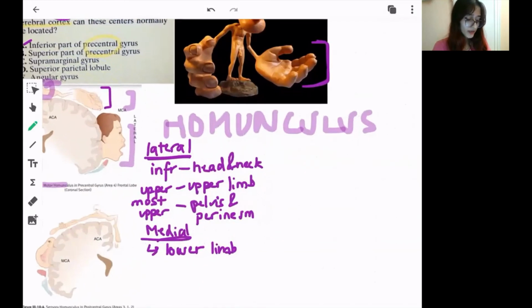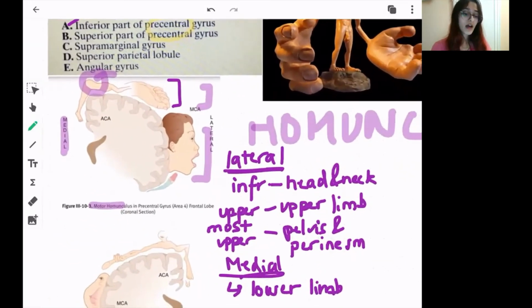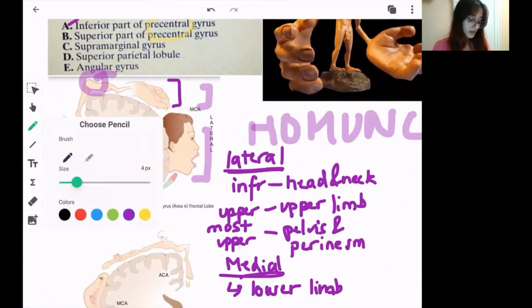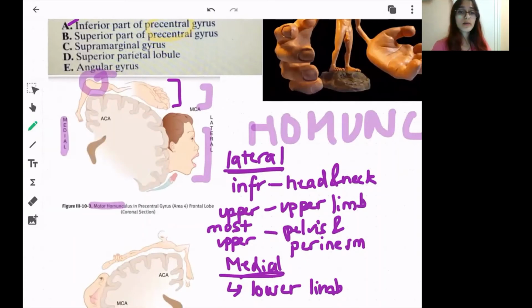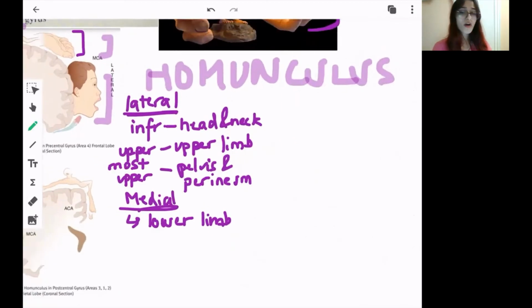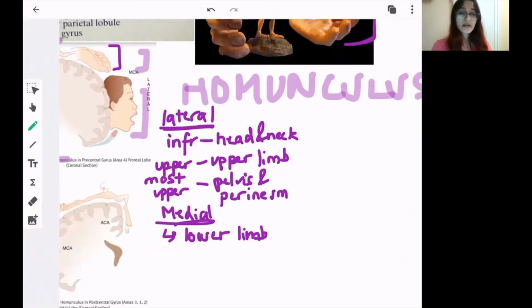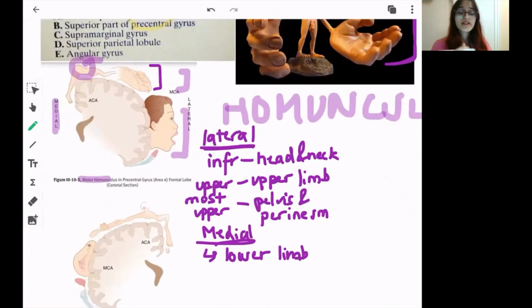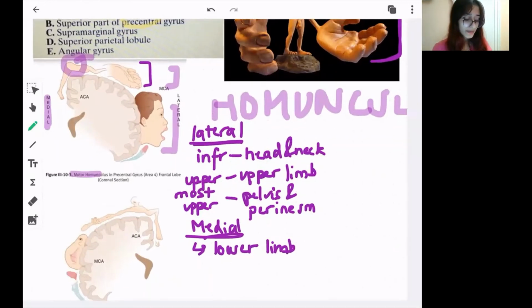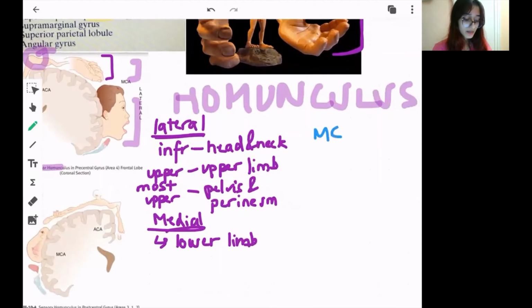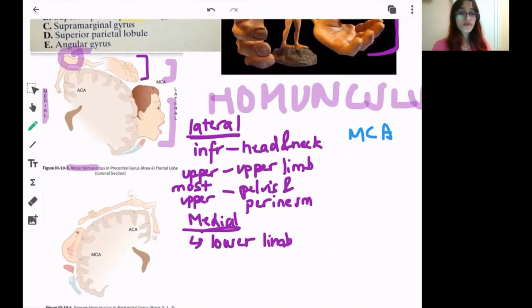Another important point I want to tell you, it's not only important for answering the Krok questions, but also because different areas of the cerebrum are supplied by different arteries. For example, all this lateral area is supplied by the middle cerebral artery, while the inner portion of the cerebral cortex is supplied by the anterior cerebral artery.